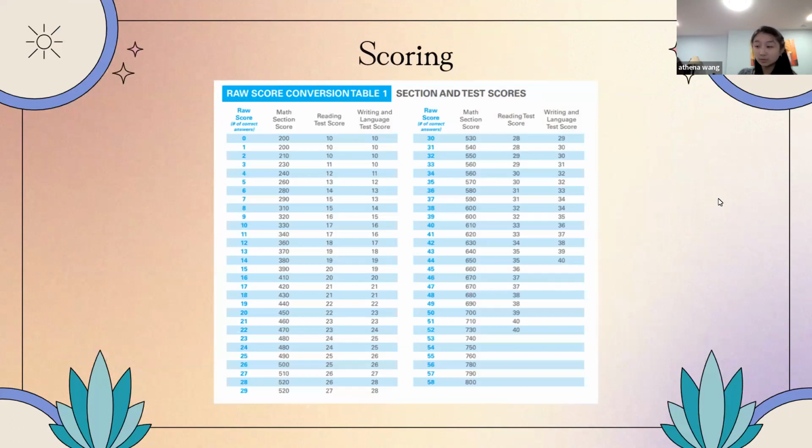Okay, and now scoring. For the SAT, you have your raw score. Your raw score is exactly how many questions you got correct in your math section. Then they convert it into your math section score. This is a typical math section conversion from raw score to the math section score.